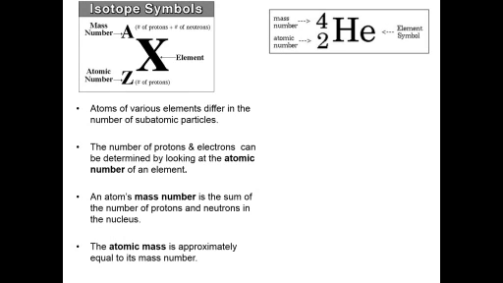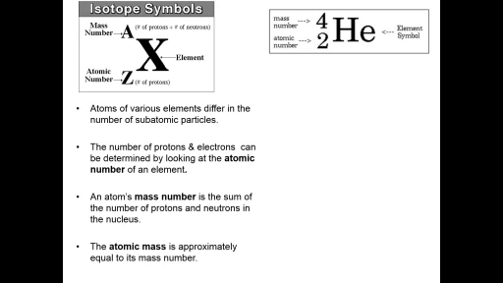A lot of times you'll notice that the periodic table portrays information like this. You have your element symbol, below that symbol you may have the name, and out to the side you have a subscript and superscript. The subscript, Z here, represents the atomic number. The superscript, A, in this example, represents the mass number.